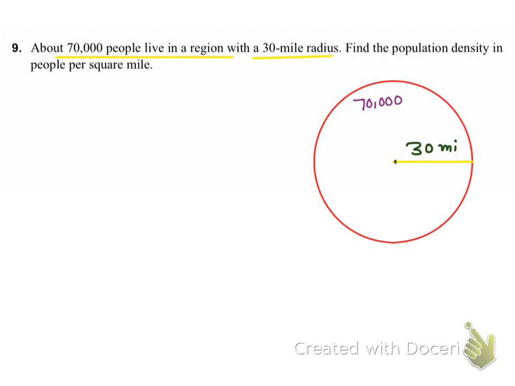They want to find the population density, people per square mile. I actually have to find people per square mile, and per just means division. So people over the area, where square mile means the area of the circle. That's the density. That's actually population density. So let me write it down again here.